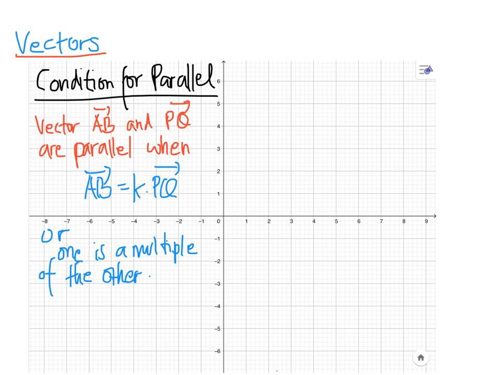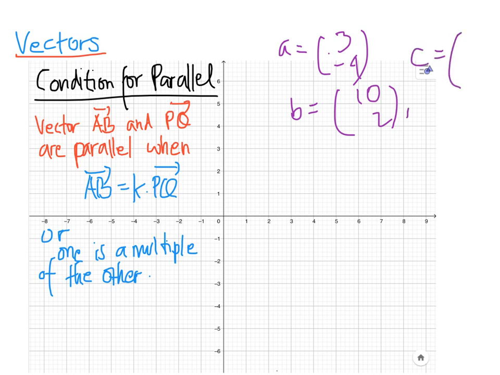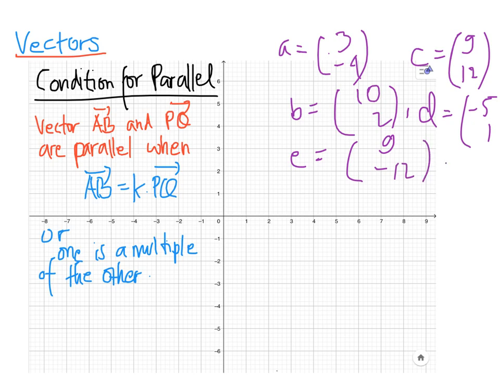Let's say, for example, I have a random vector a = (3, -4), and then b is (10, 2), and then c is (9, 12), and then d is (-5, 1), and then e is (9, -12), for example.